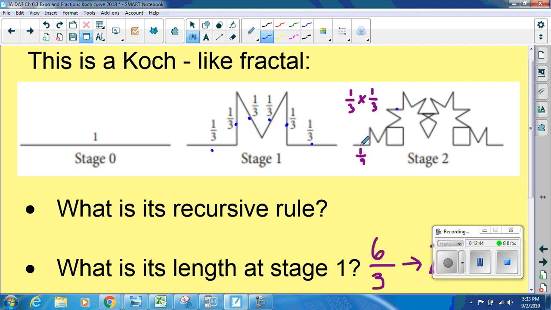Well, let's try to count those. 1, 2, 3, up to 36.